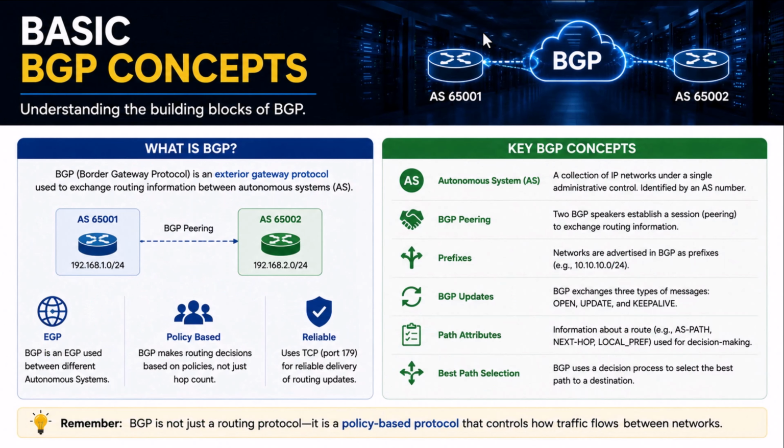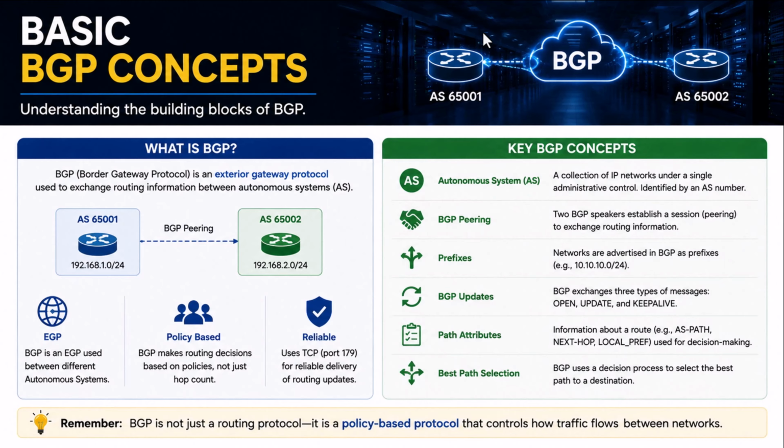Before going deeper, we need a few basic BGP concepts. First, BGP works with something called an autonomous system, or AS. An AS is basically a network or group of networks managed under one administrative control. Each AS has an AS number.